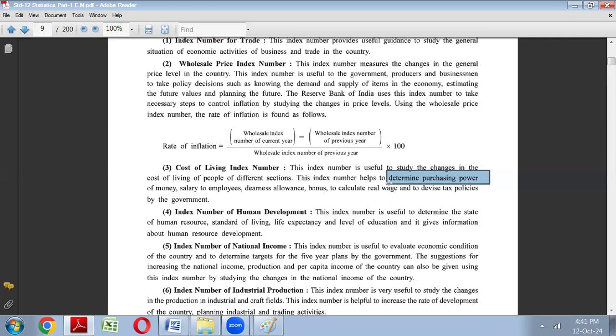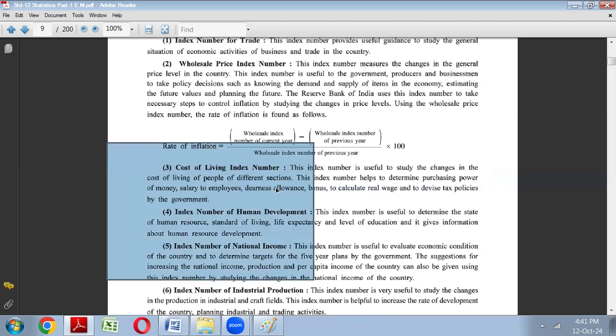The same thing would be available at 6 rupees per kg in some small city. So that is called the purchasing power of money, right? Then the government would be able to determine the benchmark for the salary of the employees, or the private enterprise can determine the salary of the employees.